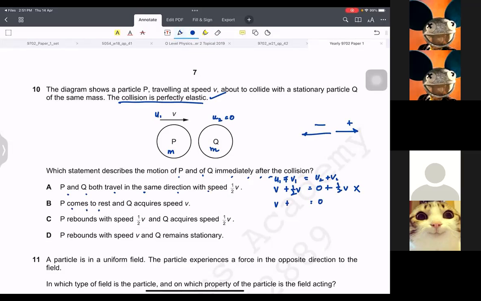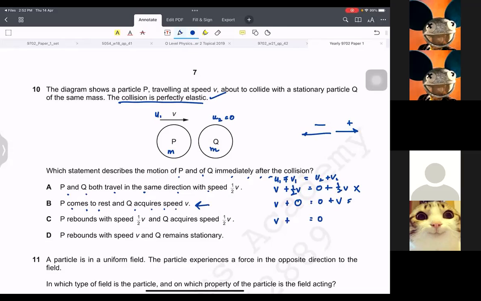P comes to rest, it means it was 0 afterwards, and Q acquires speed V. This could be right, but I told you, never ever fix on something, check everything. There could be multiple right answers.